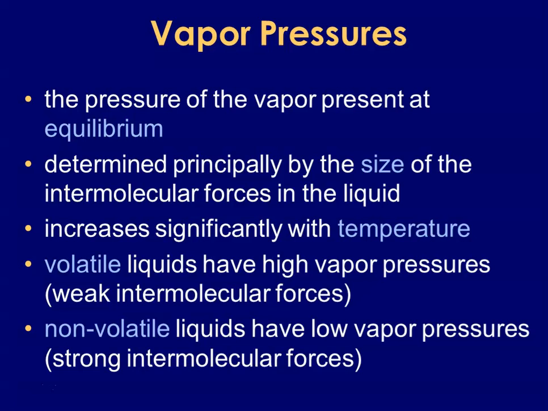It does increase with temperature, but what we see is that the volatile liquids have pretty high vapor pressures. They actually have weak intermolecular forces to overcome, which makes it easier for them to escape and to build up that pressure.